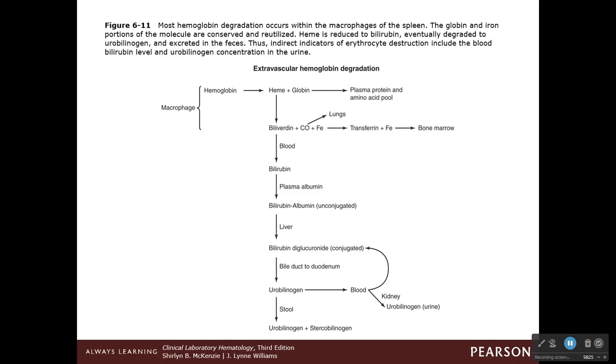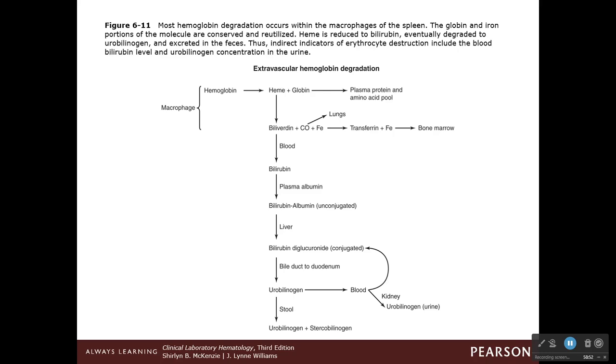You with me so far? Carbon monoxide is sent to the lungs to be expelled. We're going to talk about CO, carbon monoxide poisoning, carboxyhemoglobin, in just a minute, later on.